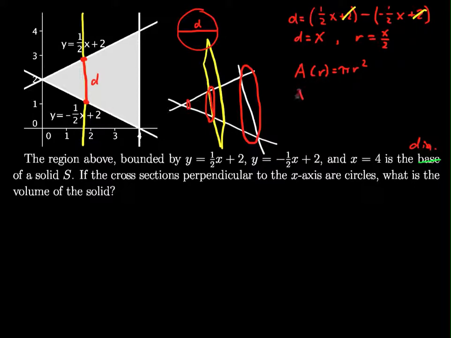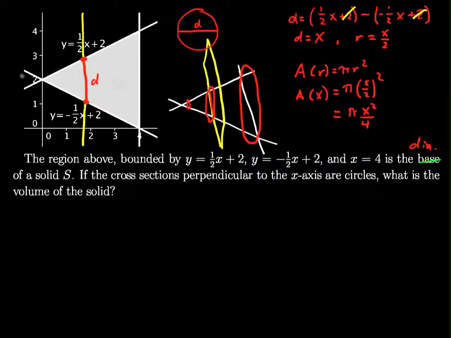So the area in terms of x is going to be pi multiplied by x over 2 squared. And I'll reduce that down a little bit right now. That's pi x squared over 4.